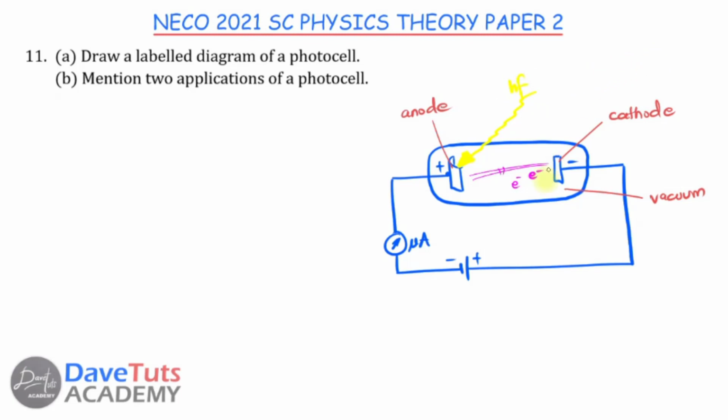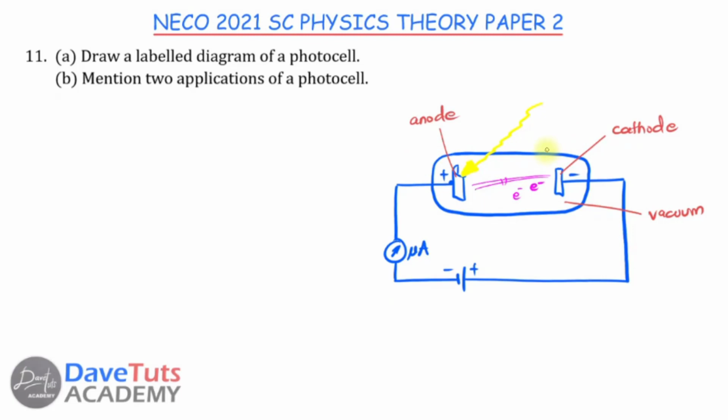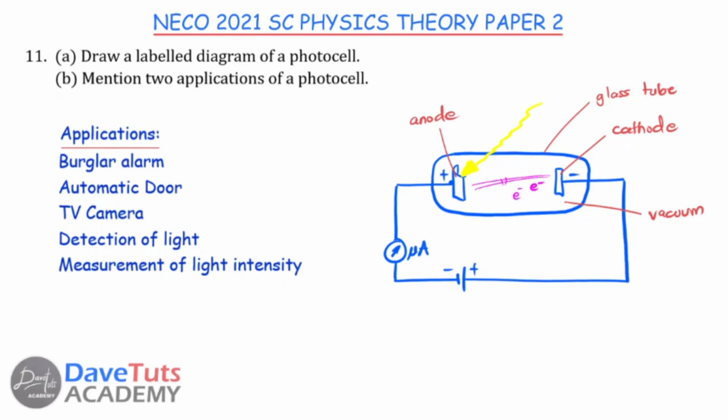Let me just straighten this up a little, and then I can include this as a glass tube, which is evacuated. That's why we have vacuum in that particular place. If you can label all of this, you are good and fine. To look at the applications, this photocell finds applications in burglar alarm, automatic door, TV camera, detection of light, measurement of light intensity. So that is that with respect to this particular question.